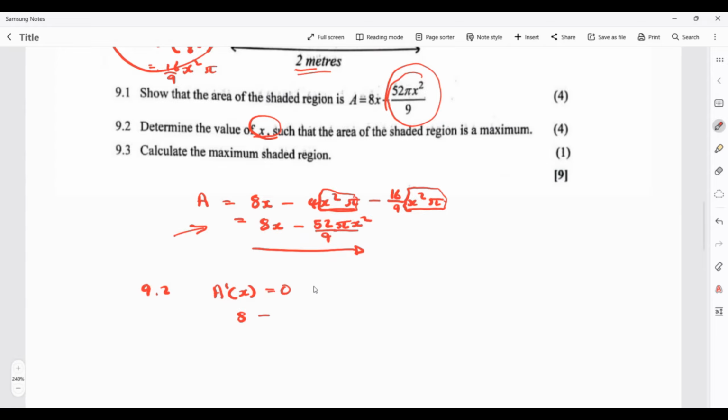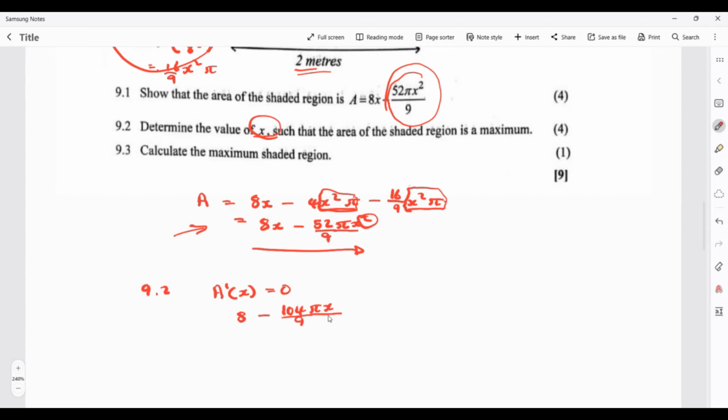I need to multiply by 2 when I'm applying differentiation, so I multiply 52 over 9 by 2, and I get 104 over 9 pi x.